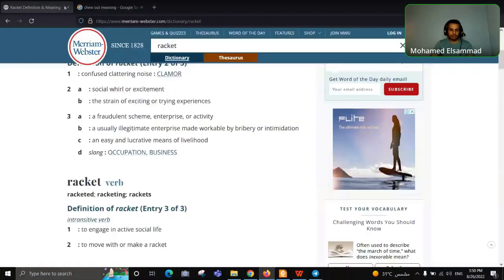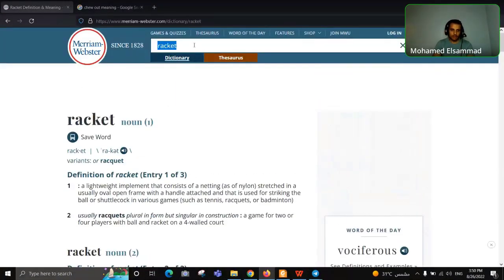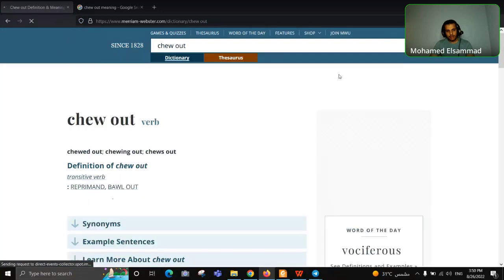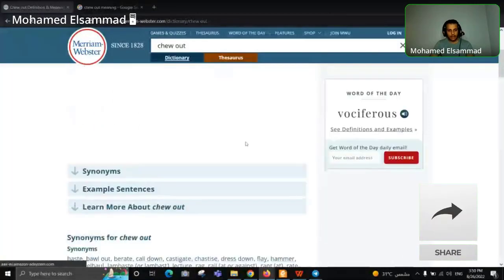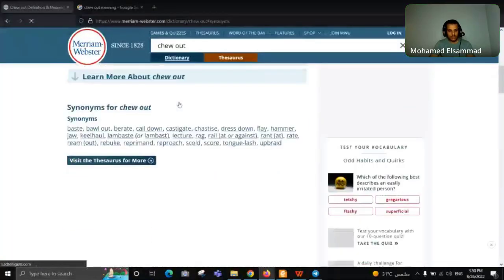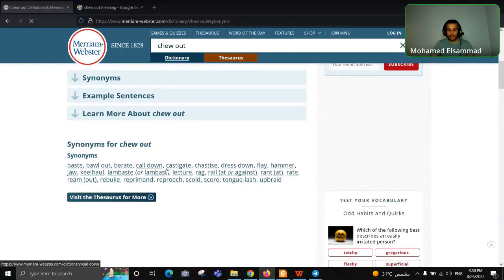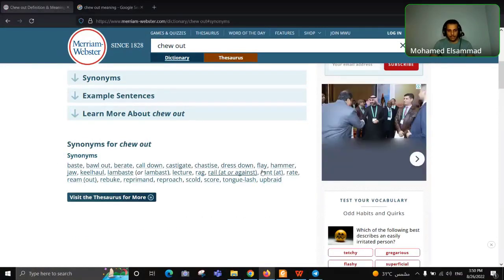So let's see another meaning of it on this dictionary. Yes, chew out. It's actually like reprimand or bawl out. Are there any synonyms for it? Yes, of course, like berate, call down. Yes, call down or scold.